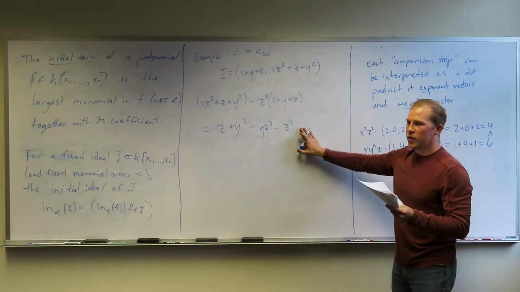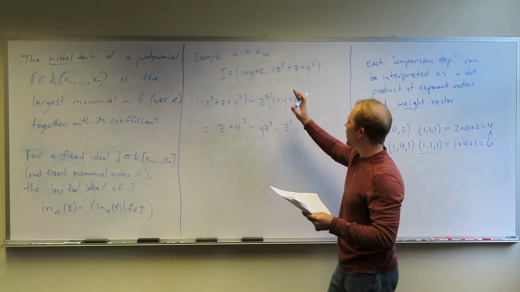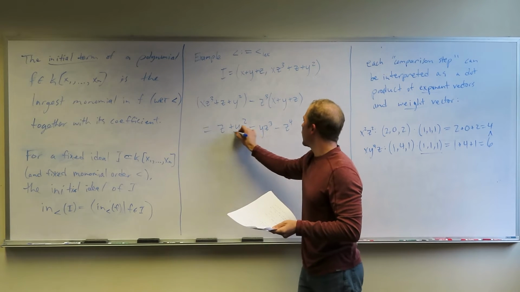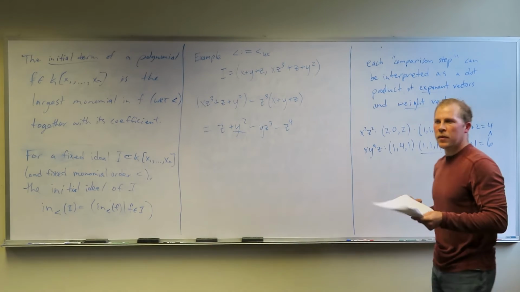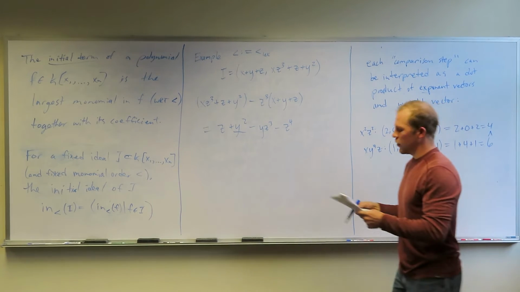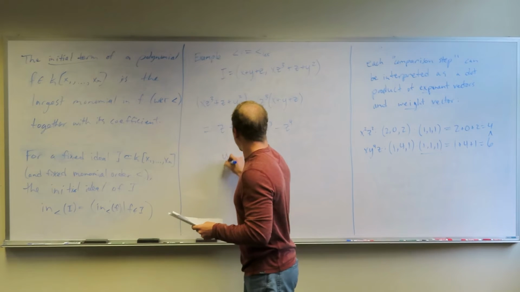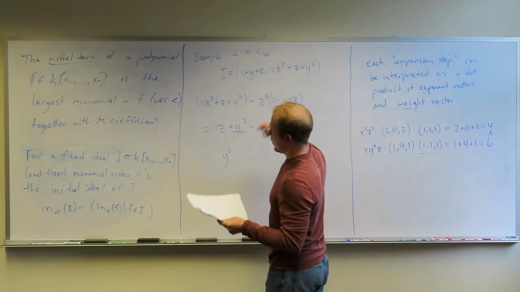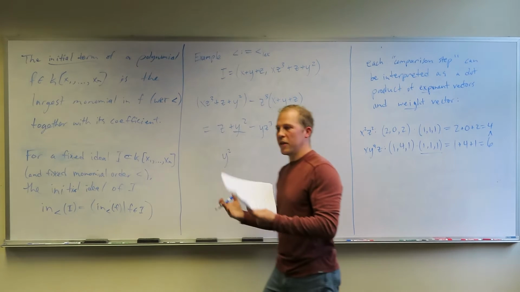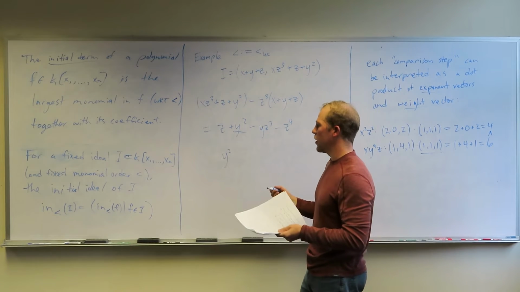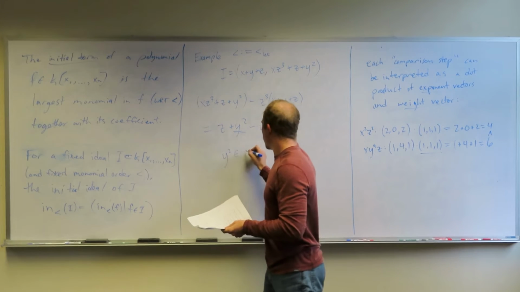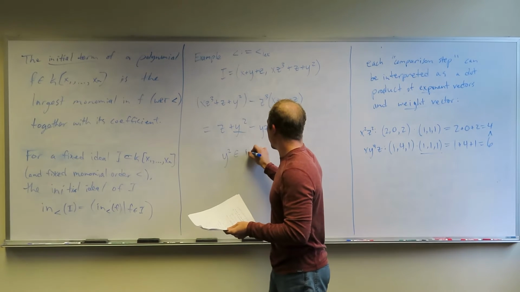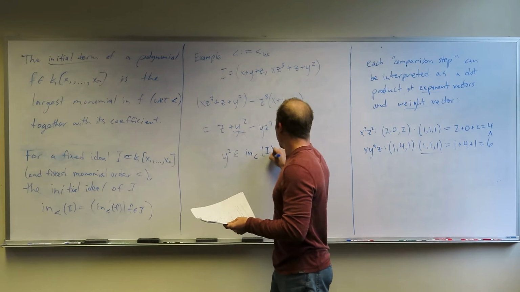And what's the initial term here? Well, again, we're using Lex, so we just look for the biggest y, and it's that one. And okay, so I'm saying that y squared is in I, so its initial term needs to be one of the generators for the initial ideal. So y squared needs to be in here.